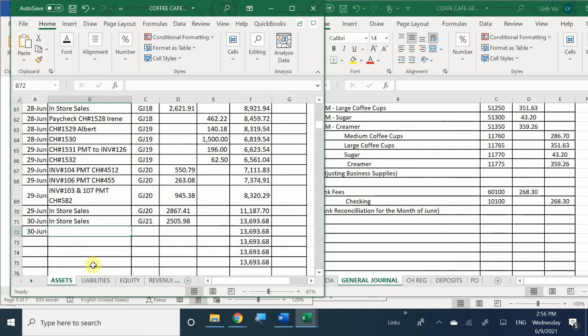Okay, I'm with you guys now. So here we are in their checking. Easy way to sum this up: bank fees, general journal 22, credit 268.30. Balance should be 13,425.38.